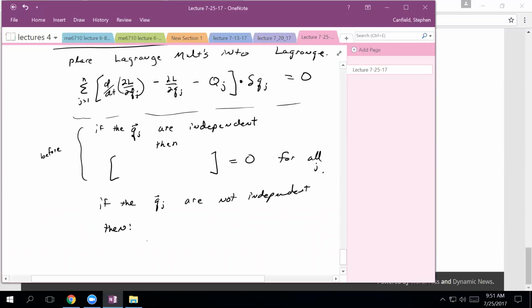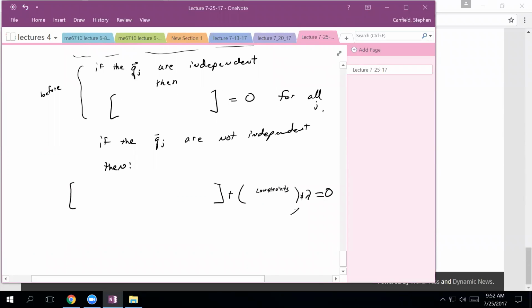Then I'm going to take each term and add to it my constraints multiplied by my lambdas, and I will set those equal to 0. That's what I did before. I'm going to add the constraints times my lambdas, and I'll choose, and this is valid, so I'll do that. Okay, and I'm going to do this for all j.